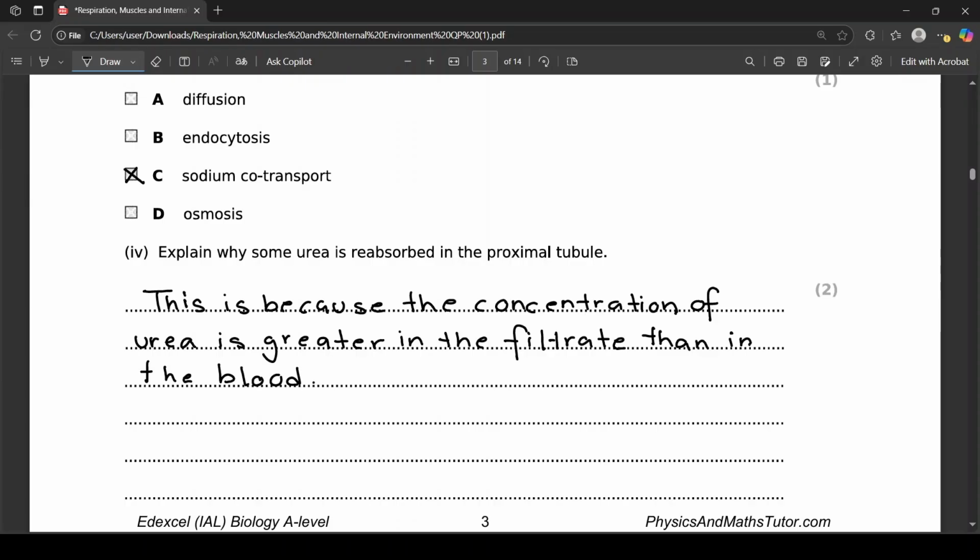So since there is a greater concentration of urea in the filtrate than in the blood, urea will diffuse down its concentration gradient. Remember what diffusion is? The particles move from a higher concentration to a lower concentration. Okay, here urea will diffuse down its concentration gradient.